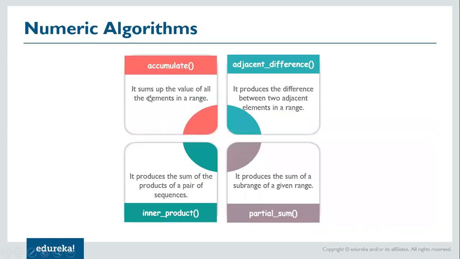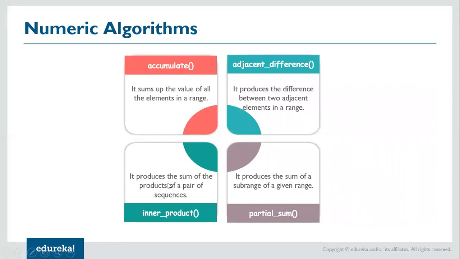Then we have numeric algorithms like accumulate, adjacent difference, inner product, partial sum. For example, accumulate sums up all the values of elements in the range. Adjacent difference will produce the difference between two adjacent elements. So these are numeric, where you are performing some kind of operation with respect to numbers, like accumulation is addition, adjacent difference is finding the difference.